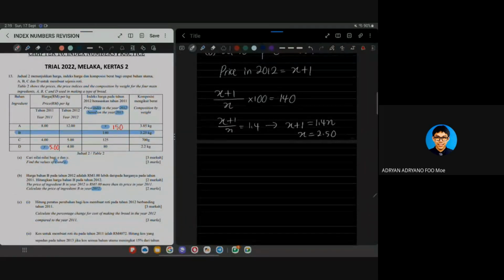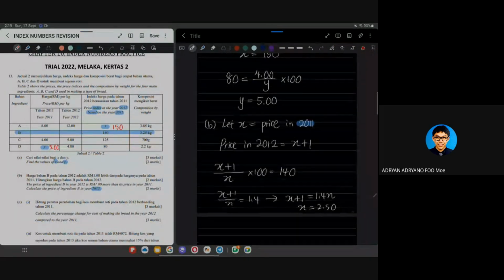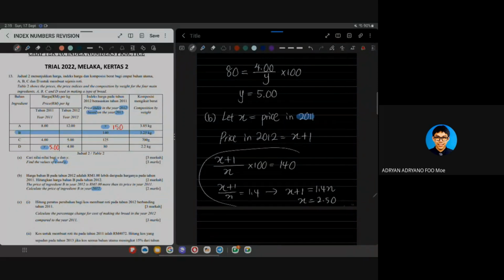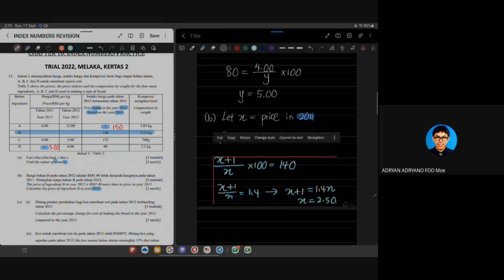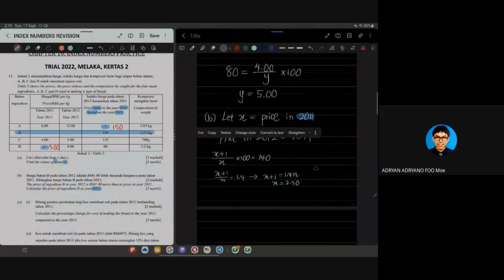So we have to add 1 ringgit. So you can show something like, wait, let me make it smaller. You can write that the price in 2012 will be equal to 2.50 plus 1 equals RM3.50.